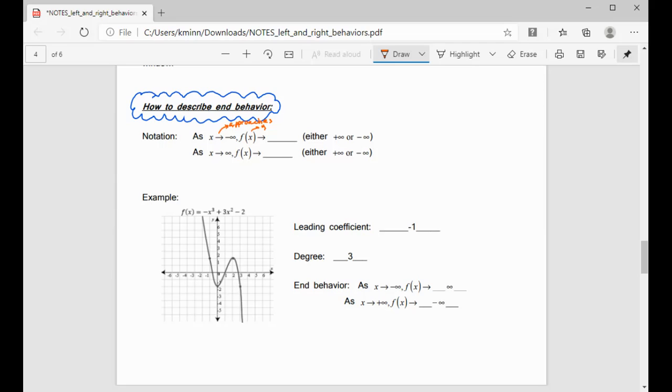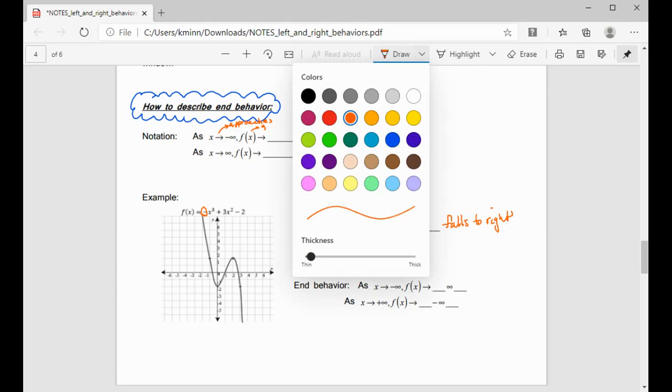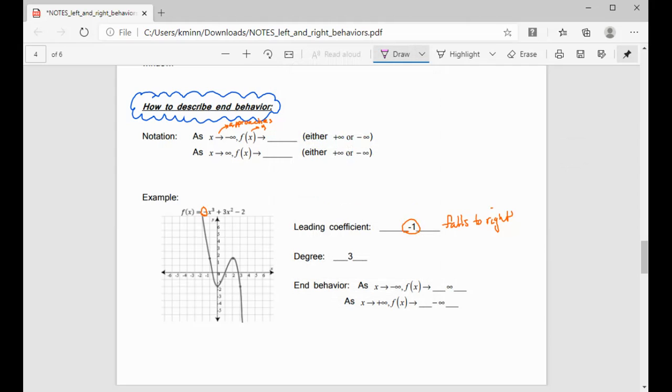So if we look at this example, we have the fact that our lead coefficient is -1, right? This -1 is coming from here. Lead coefficient is -1, so that means that this falls to the right. Our degree is 3.